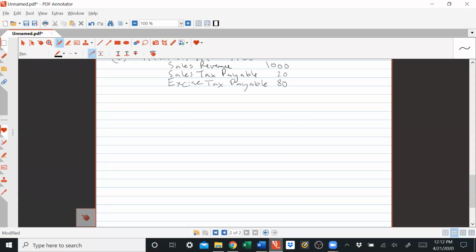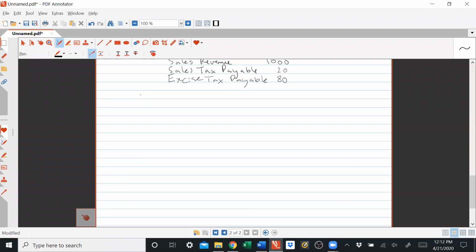All right. Magazine subscriptions, newspaper subscriptions, airline tickets, rent. These are things where the seller receives money in advance before they earn the revenue.